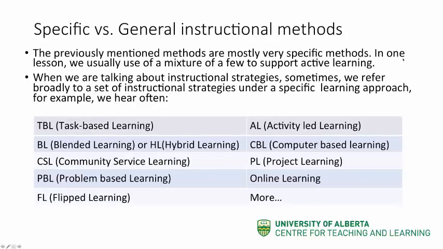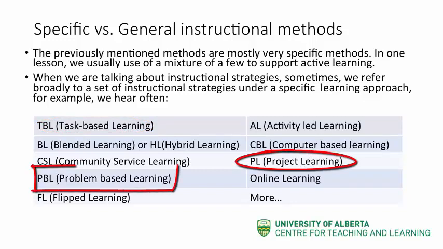There are some very general instructional methods that are spoken of in the literature. On the slide in front of you, you see a list of the more commonly used ones and the abbreviations. So task-based learning is often referred to as TBL, or project learning as PL, or problem-based learning as PBL.